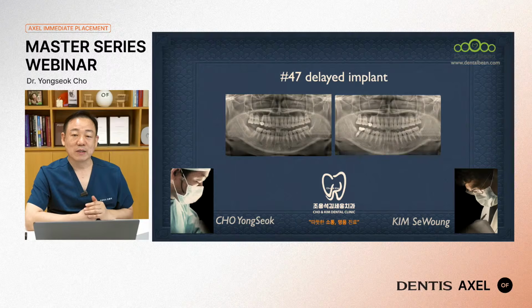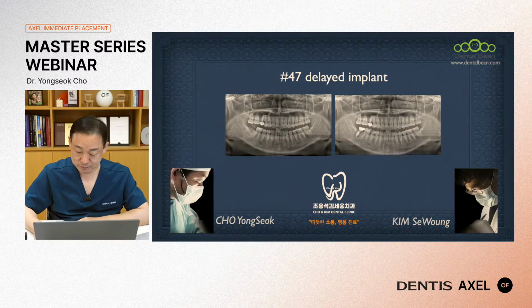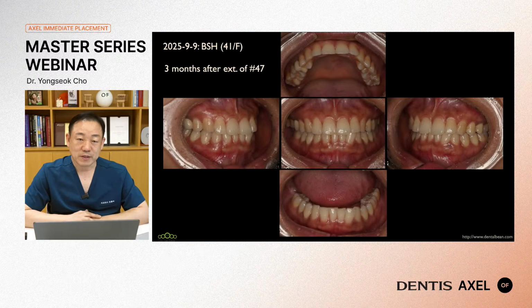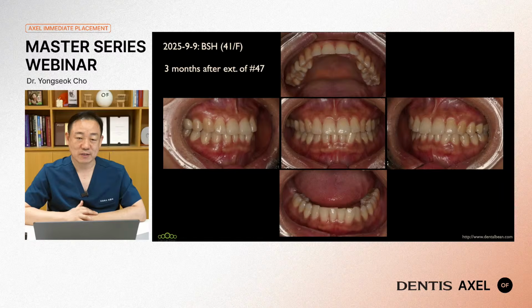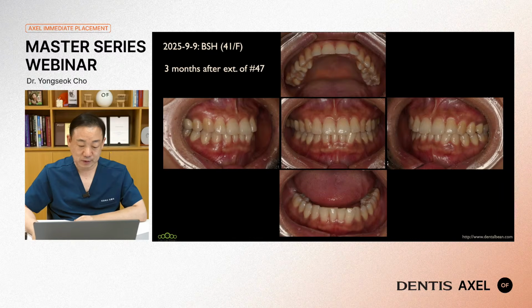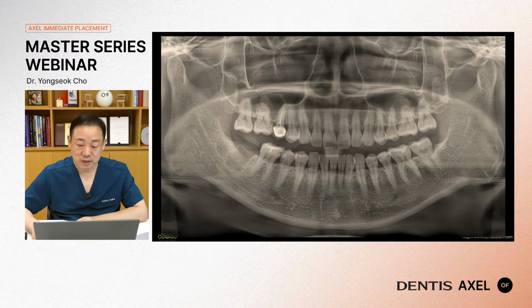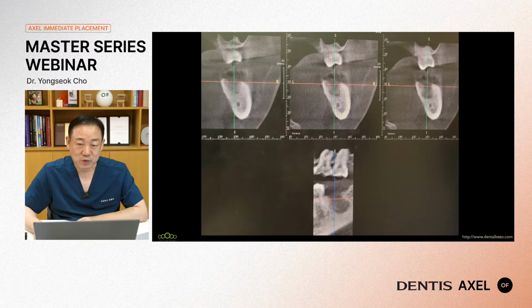Let me show one more delayed implant surgery case. Patient had the right second molar extracted 3 months ago, and the panoramic image looks like this. The patient had the tooth extracted at another clinic, and here is the CT view of this patient.